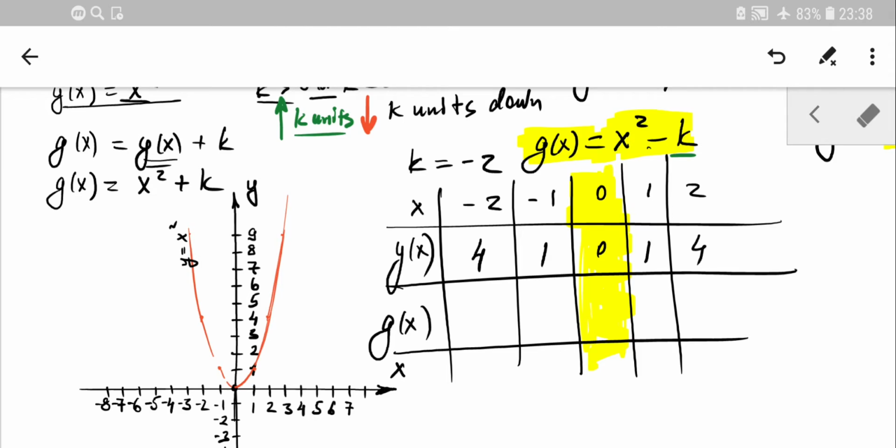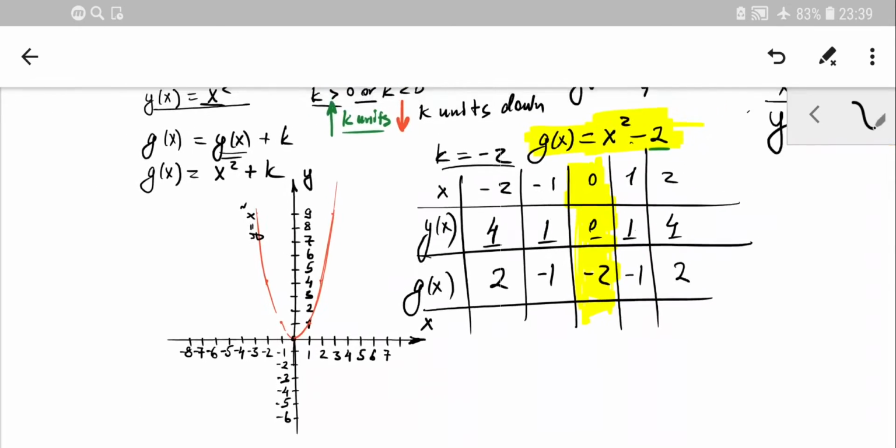Oops, I actually didn't plug in the value for k, so I want to do that right now. We have k equals -2, so we simply subtract 2 units from your basic values. So 4 minus 2 is 2. 1 minus 2 is -1, and here is -2. And the same we will have for positive x values: 1 minus 2 is -1, and 2 again. All right, so we've got the points.